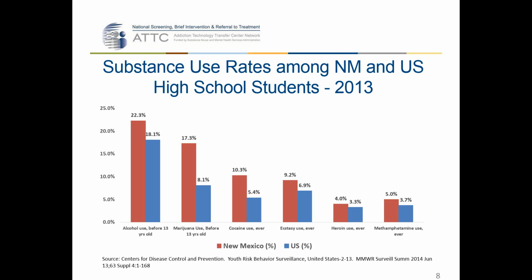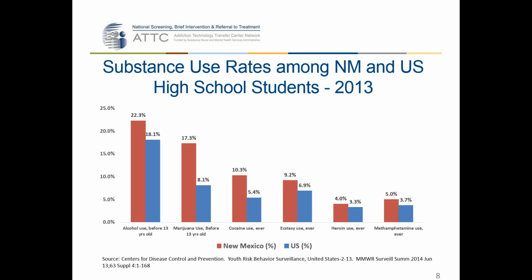If you look at the marijuana numbers, before the age of 13, we're more than twice the national average in terms of marijuana use before the age of 13. The same thing is true with ever using cocaine for high school students. Ecstasy is higher.